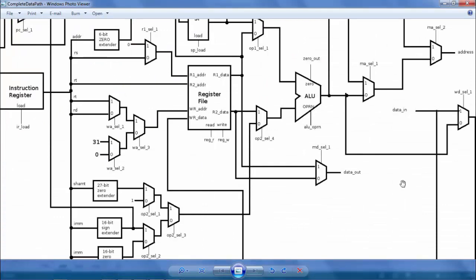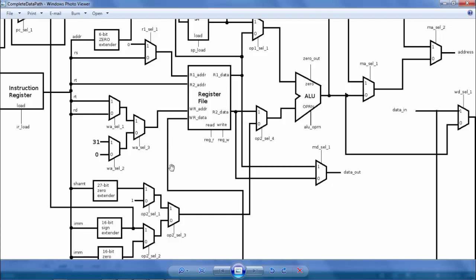You all have access to this image, I think it's a JPG, maybe GIF, but whatever it is, you can load it in an image viewer and zoom in to see the names and everything in the diagram.